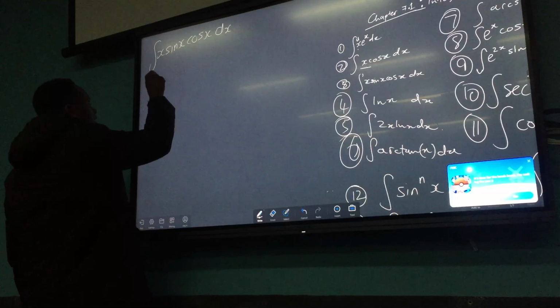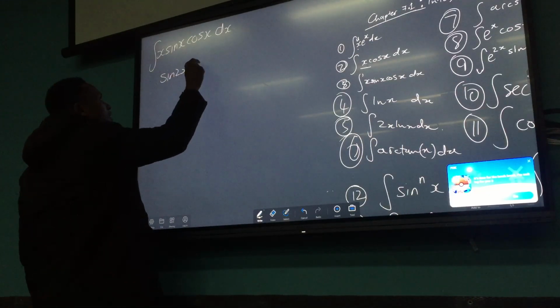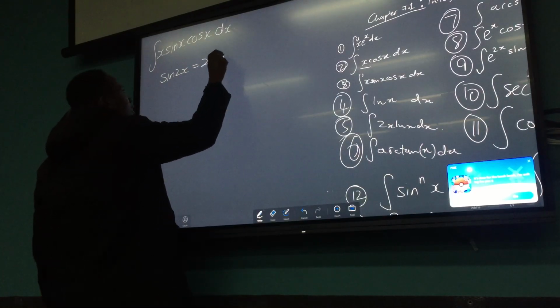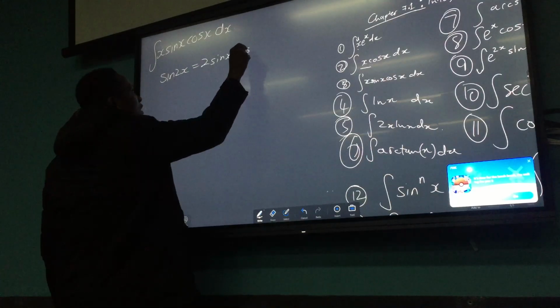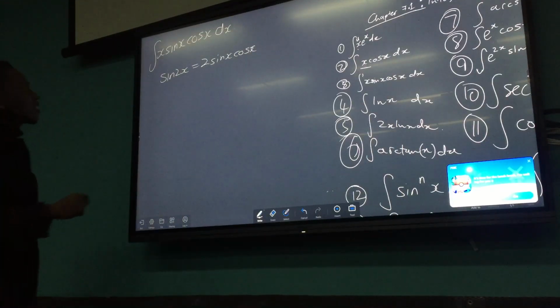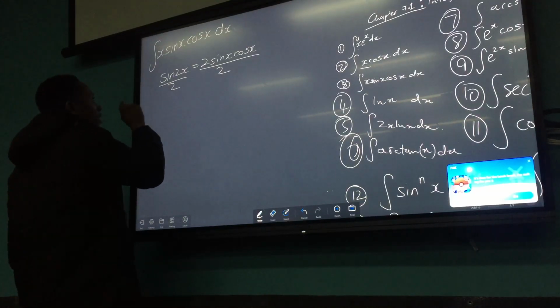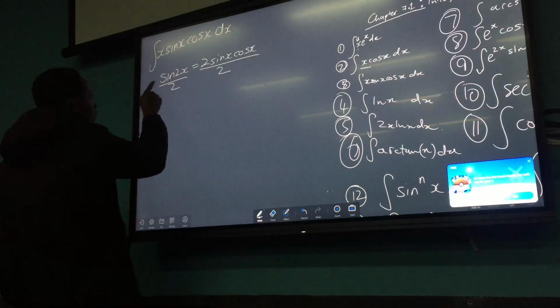that says sine 2x equals 2 sine x cos x. So knowing this, we can divide both sides by 2, so we get half sine 2x.